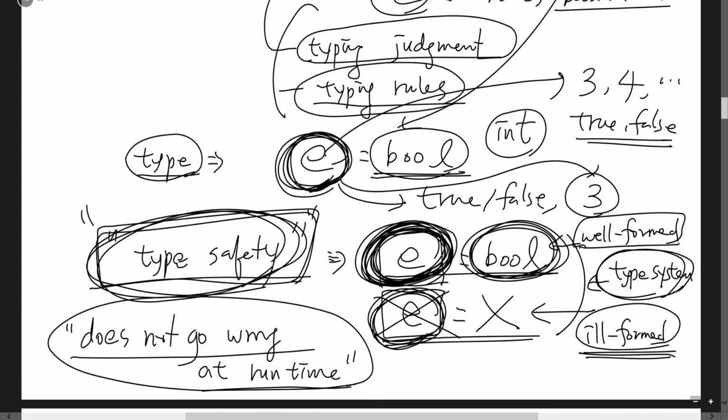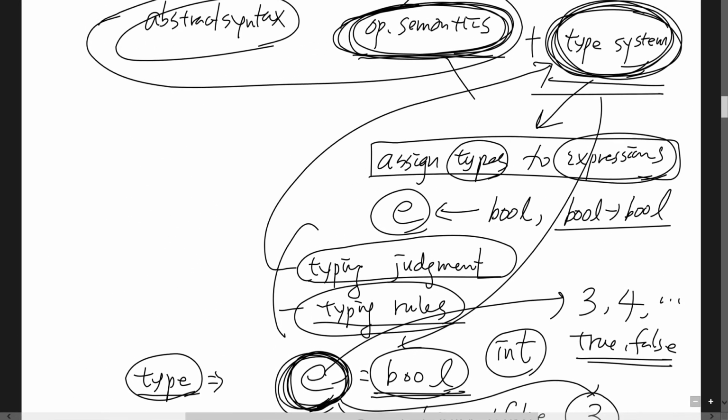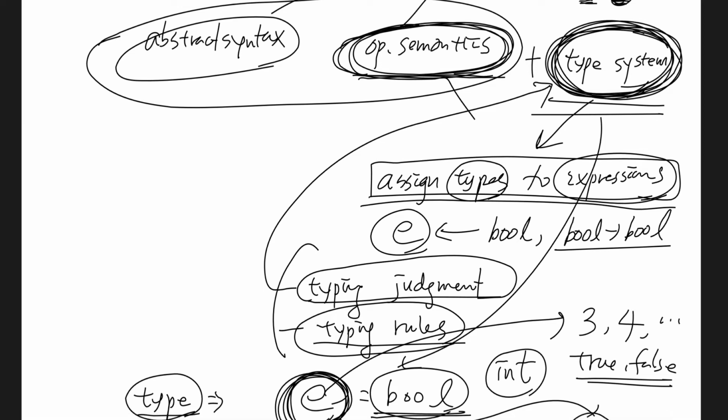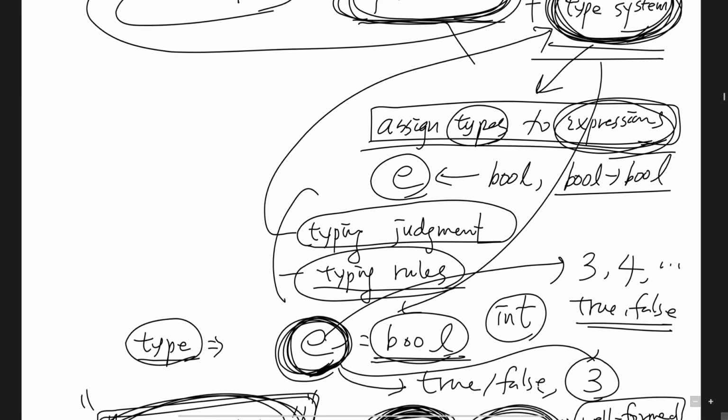For now, remember that the motivation for developing this type system is we'd like to be able to assign types to expressions so that we can tell what kind of values to expect by evaluating these expressions. That was a mild introduction to type systems.